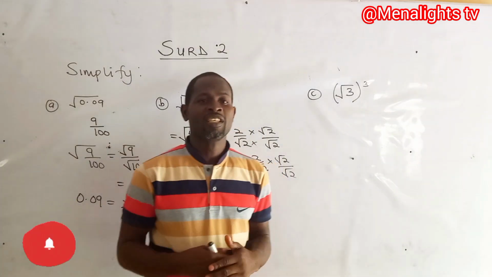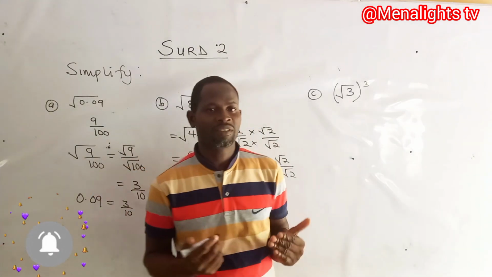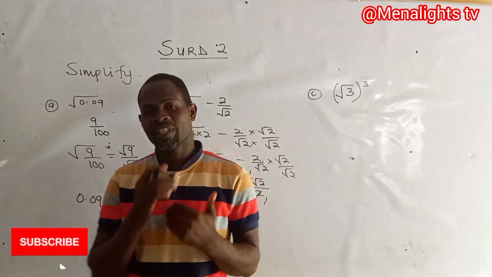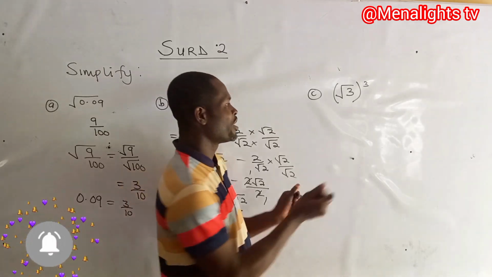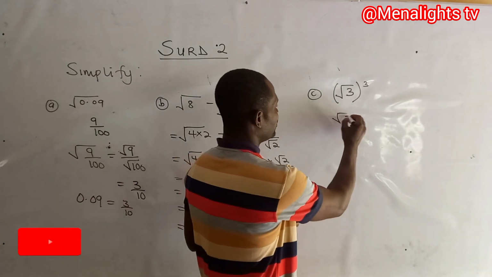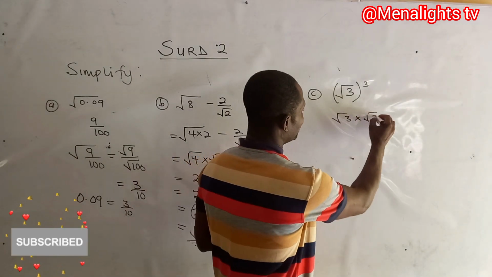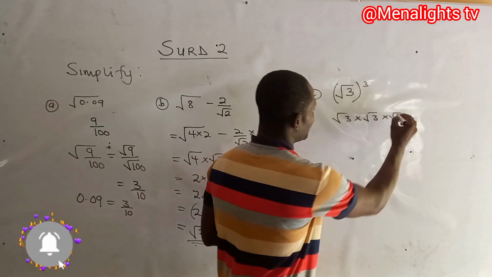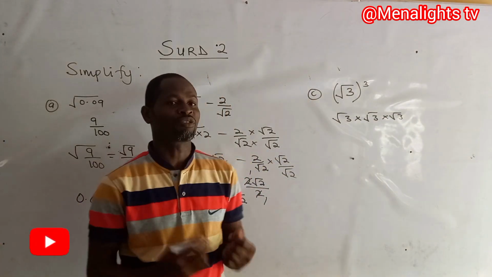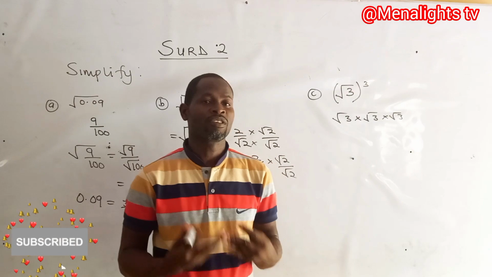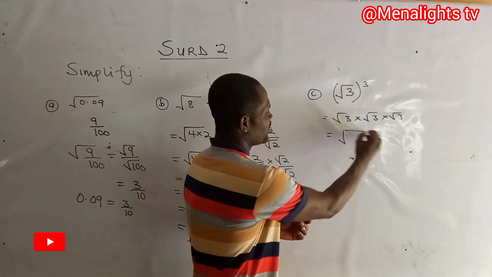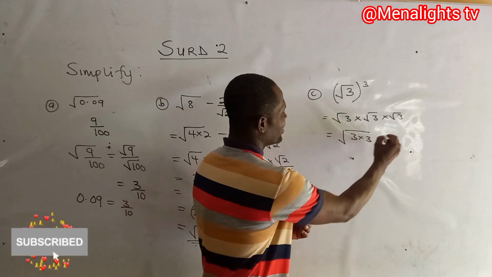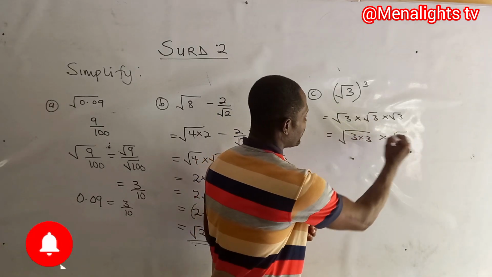Third one, root 3 cubed. So that means cube means the number will multiply itself 3 times. So you have the root 3 times root 3 times root 3. Then from here, we can have root 3 times 3 times the root of 3.